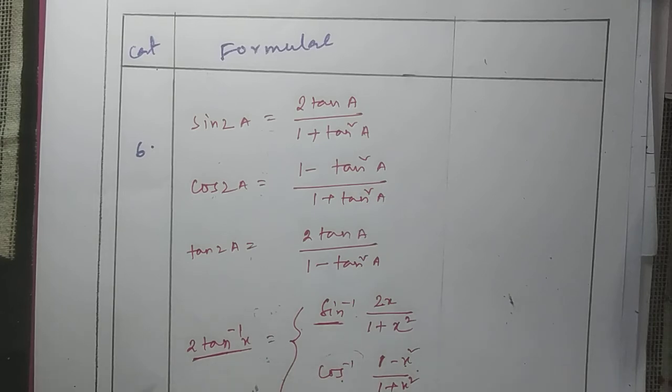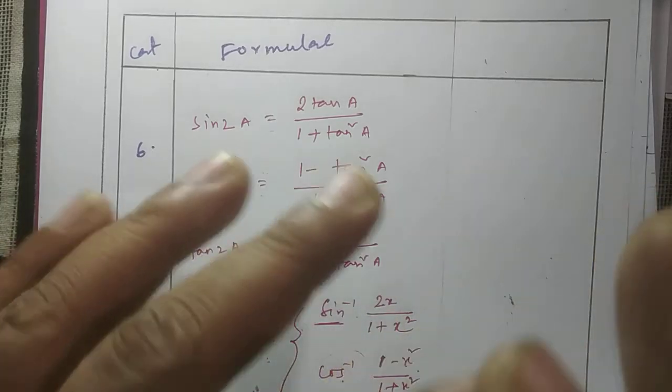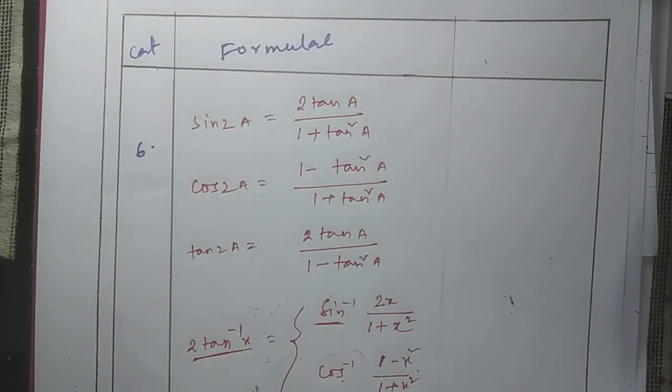Then you will observe it daily, and automatically it will be remembered. At the same time, you need a lot of practice from this chapter, because this chapter is totally based upon formulae. If you don't practice, the formulae will be forgotten. That's why you need a lot of practice from this chapter.